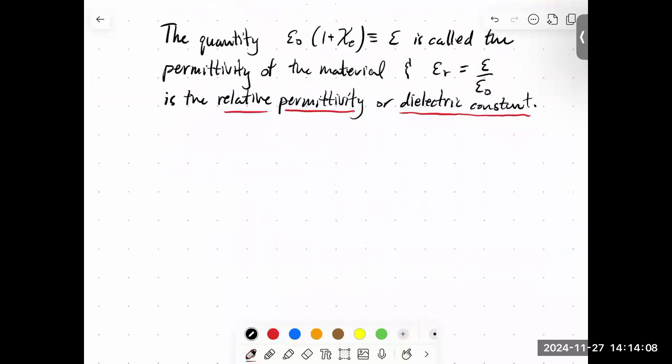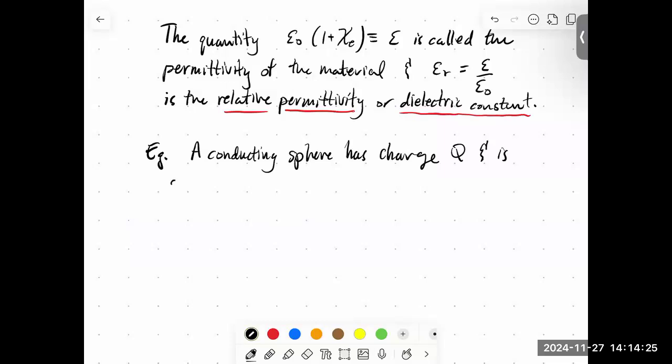All right, so let's start with an example. A conducting sphere has charge Q and is surrounded by a linear dielectric of permittivity epsilon.